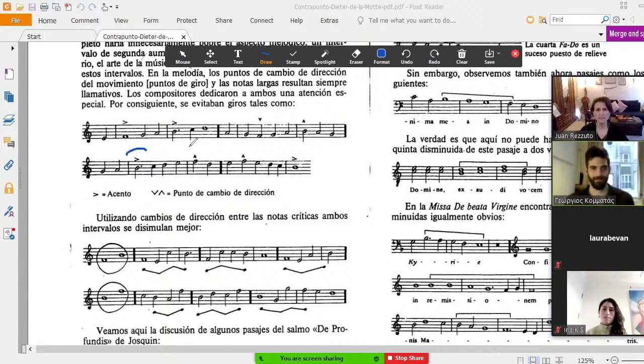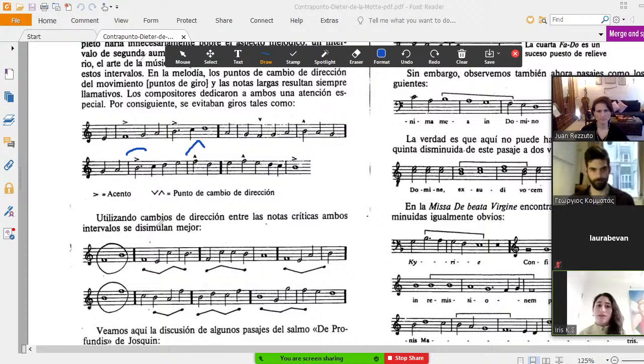And in this case, it is wrong, because they are on the first beat of the bar. The B is on the first beat, and then what happens on the F? It's on the first beat as well, and it also goes down.